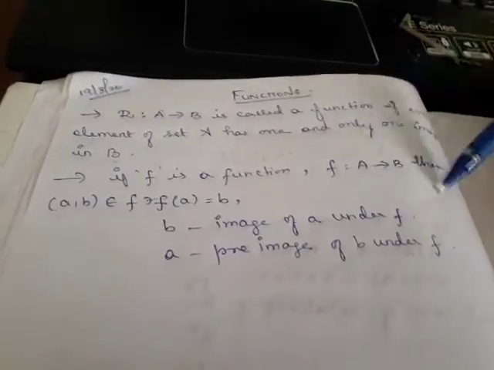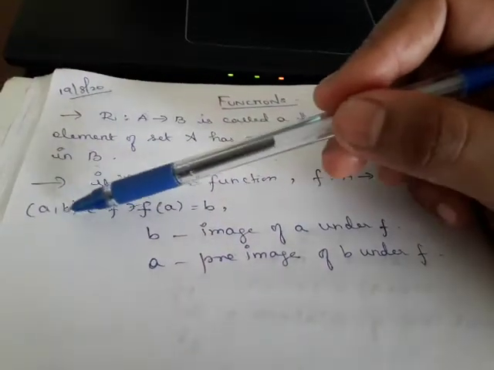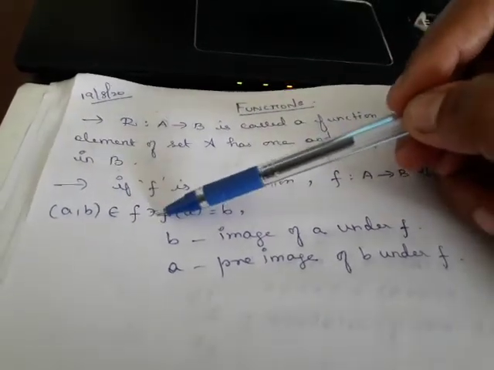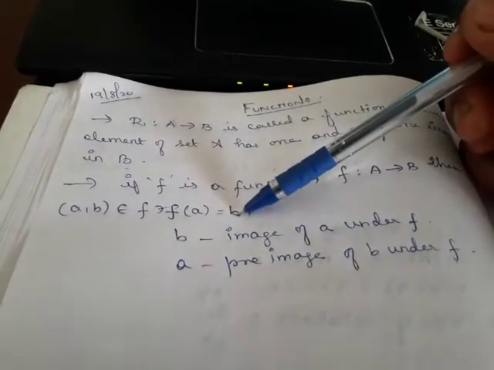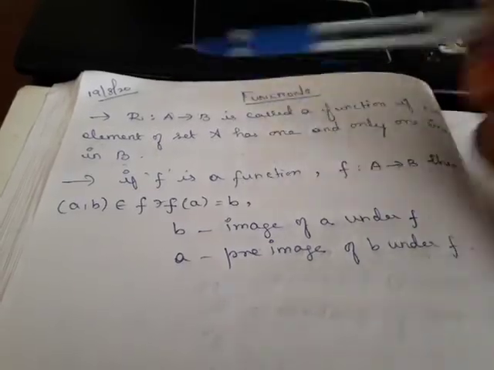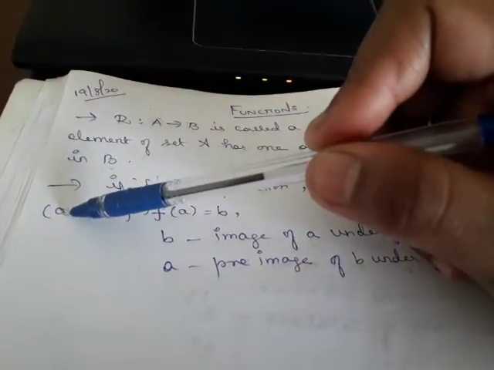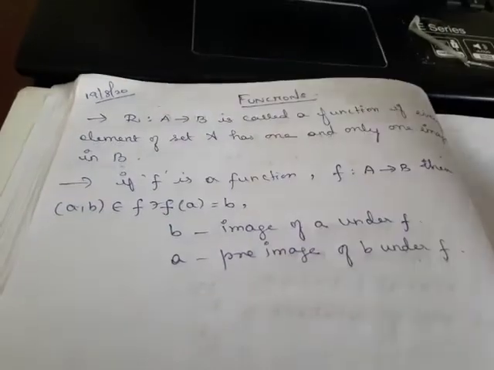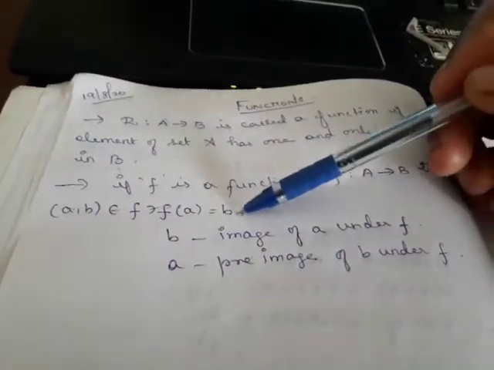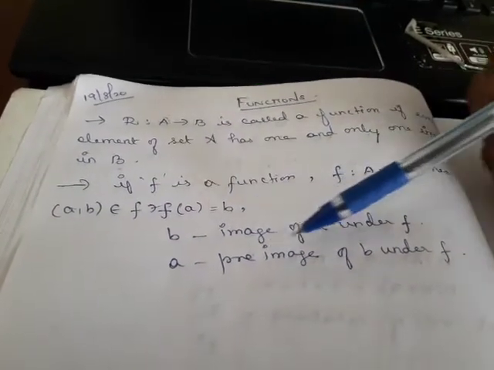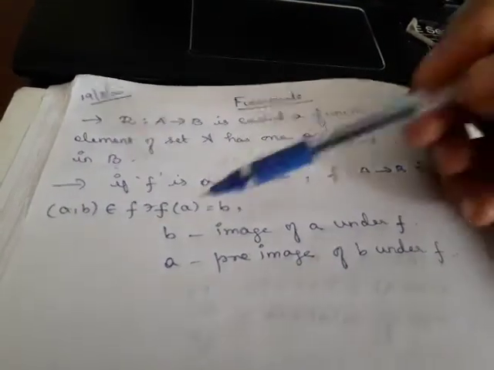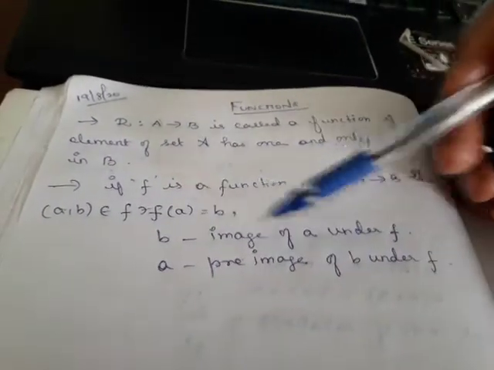Then how can we denote this? The ordered pair (a, b) belongs to f such that f(a) = b. Whatever relation is defined under this function, if you apply it on a, then that answer will be in the set B. So we call it f(a) = b, and this b is the image of a under f, and this a is called the pre-image of b under f.